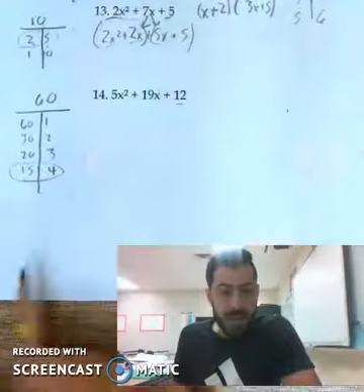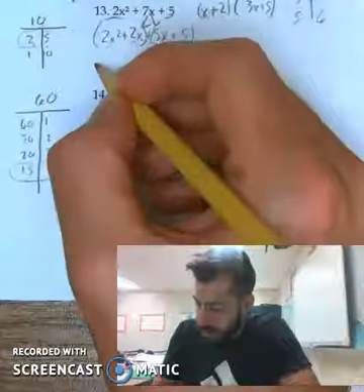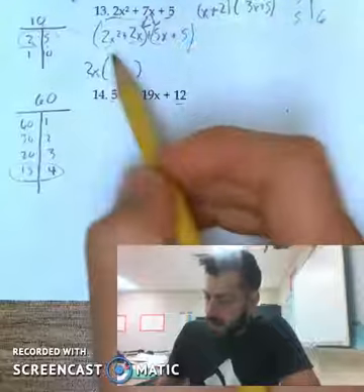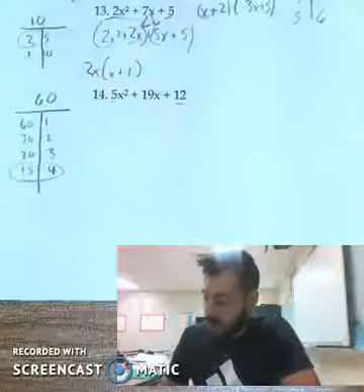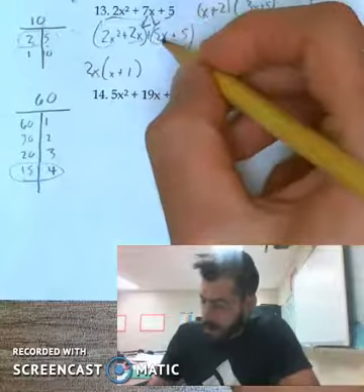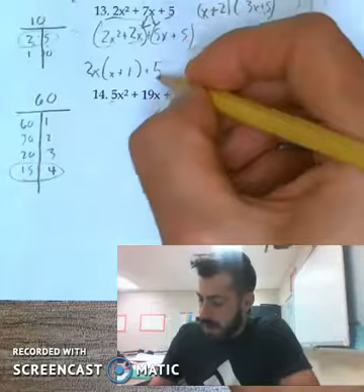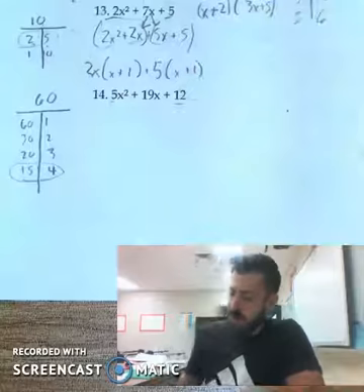2x squared plus 2x, well, the common factor on that one's pretty easy. They both are divisible by 2x. After we factor that out, we'd be left with an x and then plus 1. 2x divided by 2x is 1. And then here, 5x plus 5, well, they're both divisible by 5. So that would leave me with x plus 1, just like in the previous problem.